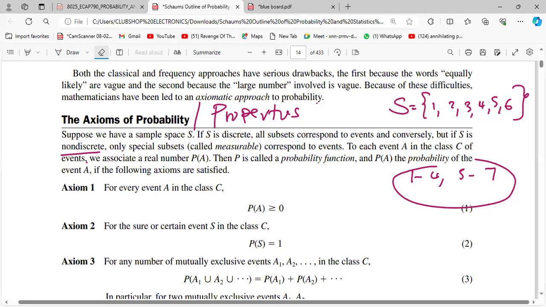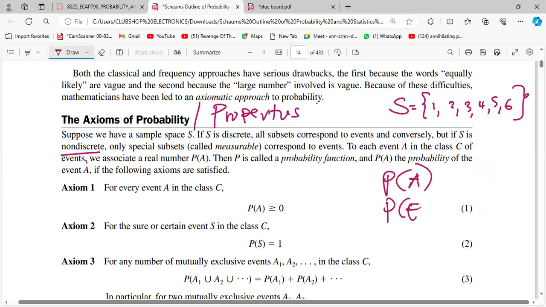So what we are saying here basically is that if I have the probability of an event A, P is the probability function. So now, what is the first axiom?